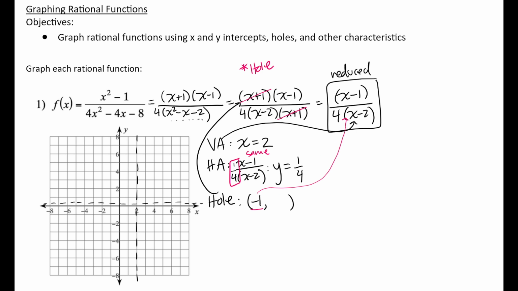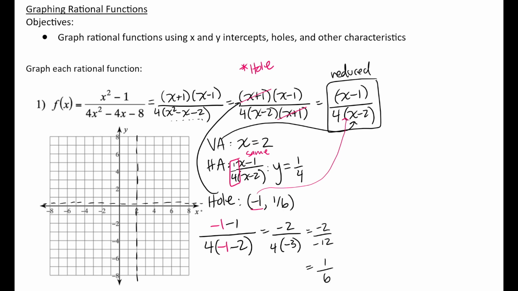So I'll have -1 minus 1 over 4 times -1 minus 2. Okay, so -2 over 4 times -3, which is -2 over -12, which is positive 1/6.